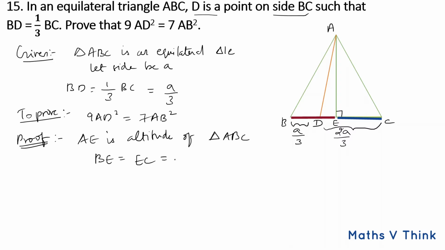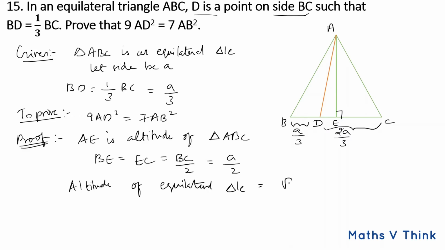So it is BC by 2. BC side is A. We have taken side as A. So A by 2. Now the altitude of an equilateral triangle, the formula is root 3 by 2 into side. So here the altitude AE is equal to root 3 by 2, side is A. So root 3 by 2 A.